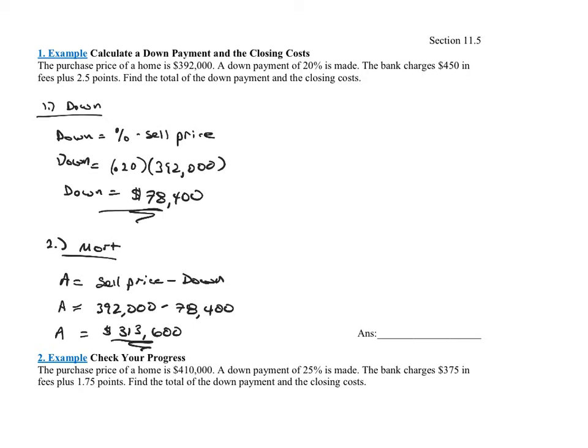Now that I know how much I need to borrow, I can think about my fees. It seems to me like I have a fee of $450 and no other fees other than points, which is the last thing I'm going to calculate.